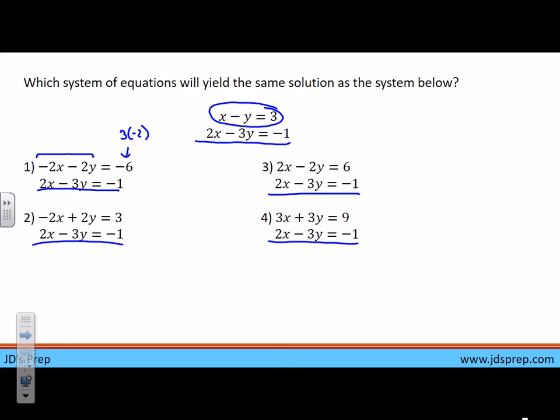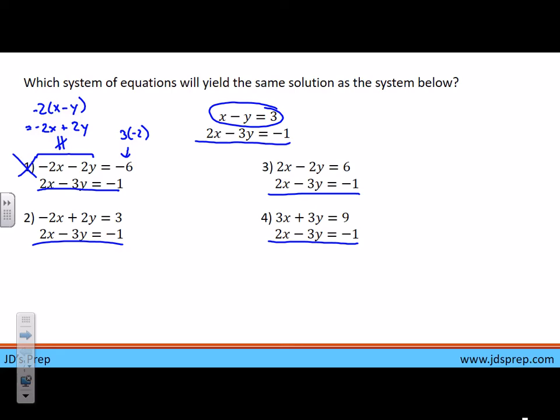But if I do negative 2 times the x minus y from the original equation, I'm going to have negative 2x plus 2y. And negative 2x plus 2y is not the same thing as the negative 2x minus 2y. So this first system is going to yield us different solutions.